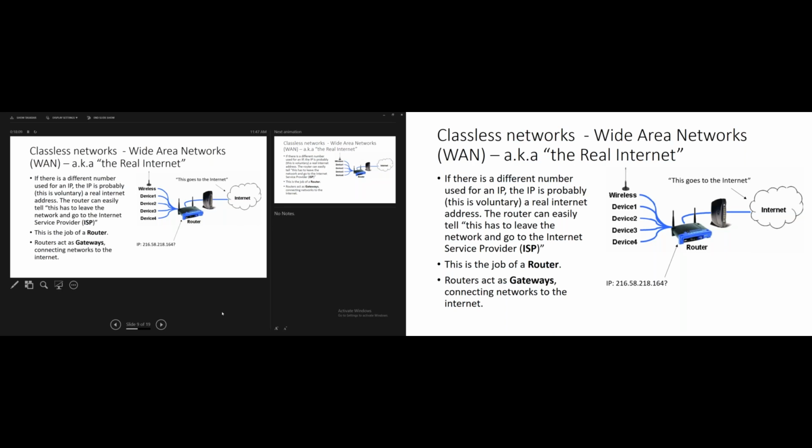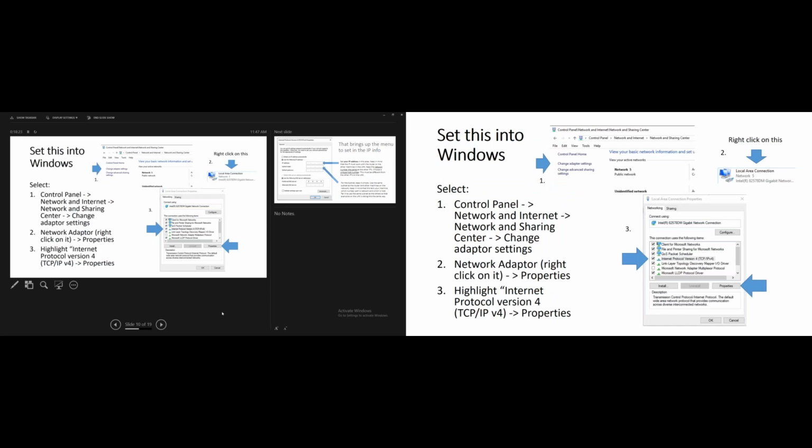Right? And a router makes this decision like a billion times a second. That's what a gigahertz is anyway, isn't it? So it's just that simple.